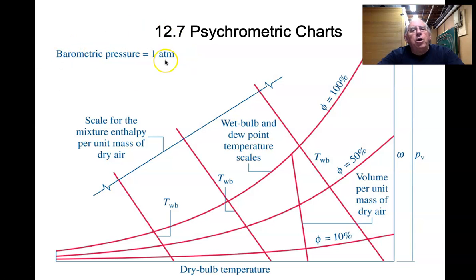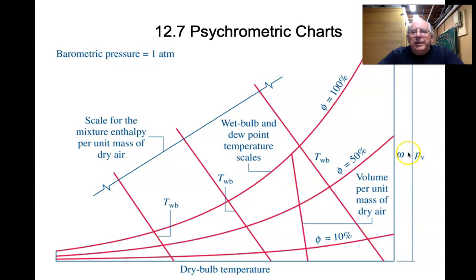Because this chart is for a single mixture pressure, there is that direct relationship between the humidity ratio and the partial pressure of the water vapor that we saw earlier, which had the 0.622 times the pressures. So that's one of the independent properties.